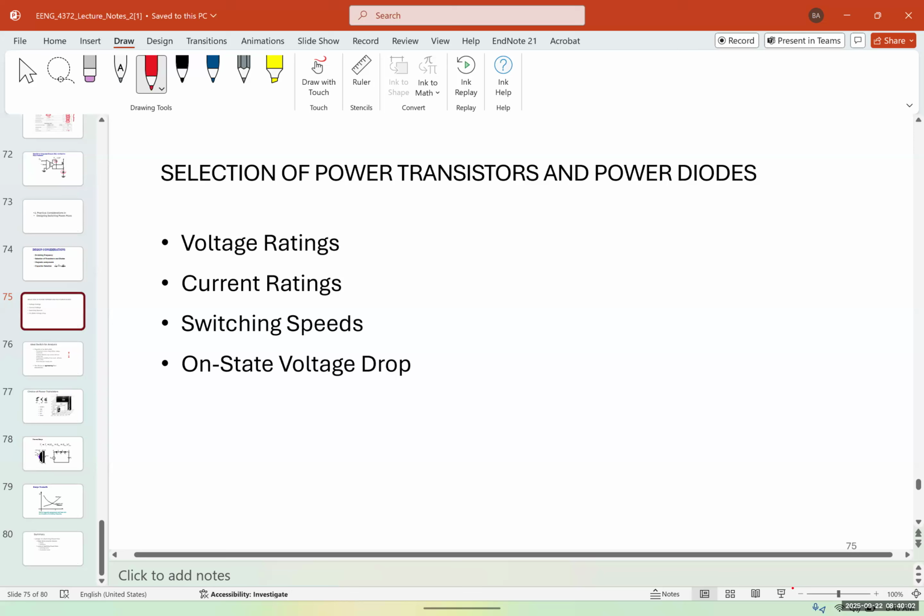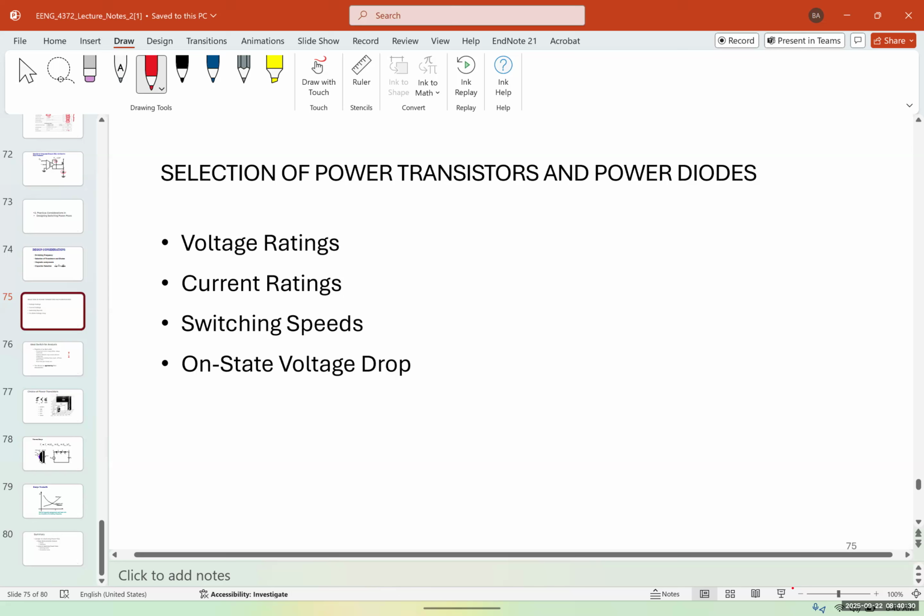So to select the power transistor, power diode or thyristors, we have to look at different characteristics. First is the voltage rating. What is the output voltage that we want to get to? For example, if we want to build an inverter, a DC to AC inverter, it's a 12 volt DC input, and the output is a normal outlet, 120 volts.